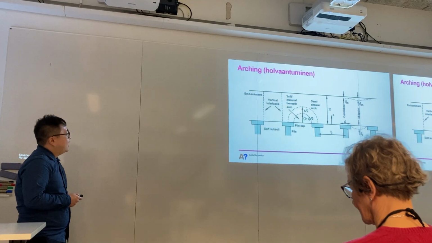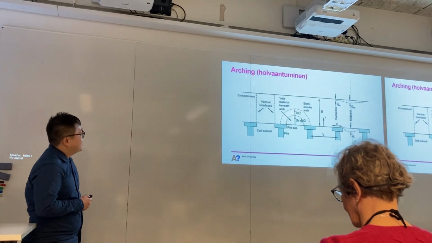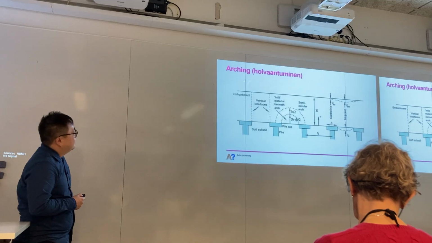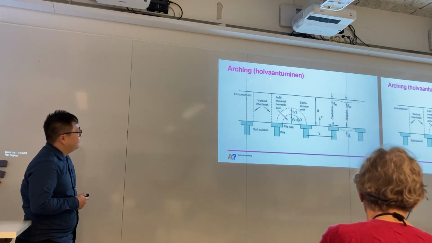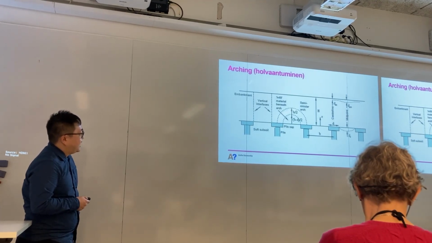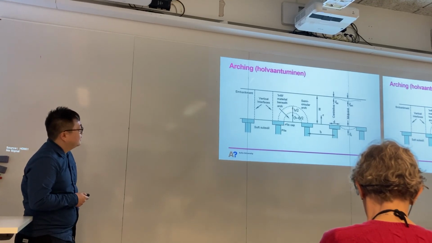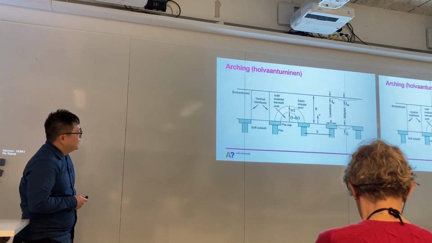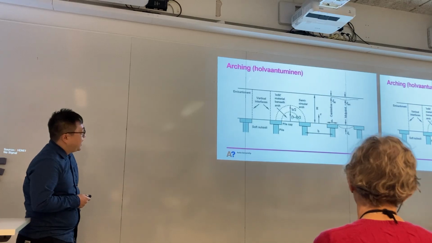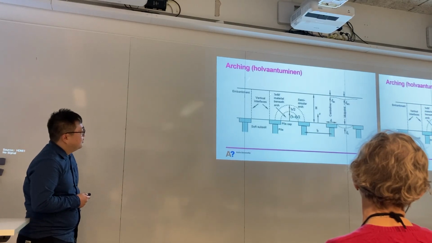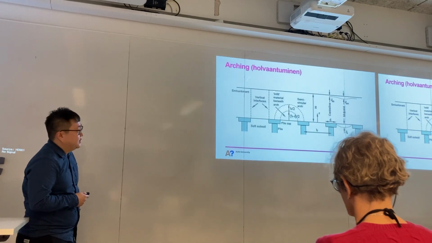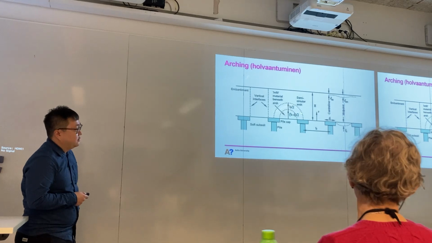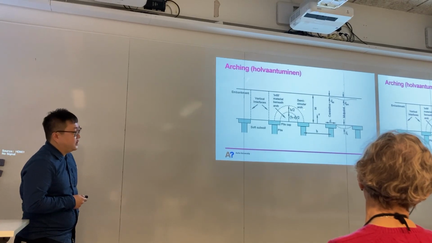So now we have a brief introduction to the arching phenomenon. Arching often happens for the pile cap structure, and it's useful because it can help the piles to release the loads above from the embankments to make the soil more stable.